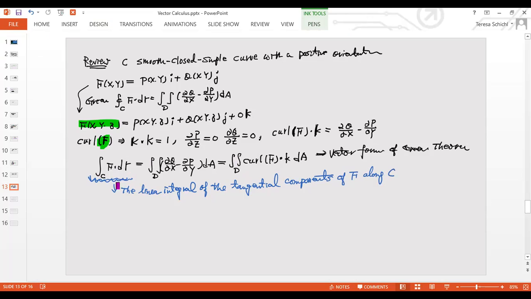We said this integration of F dot dr is the tangential components of F along the C.